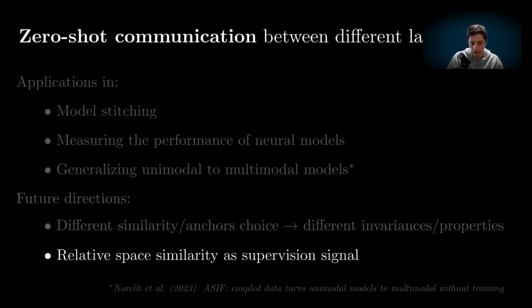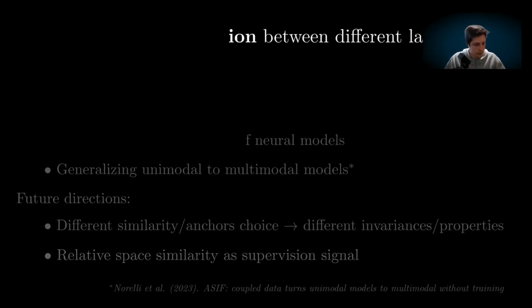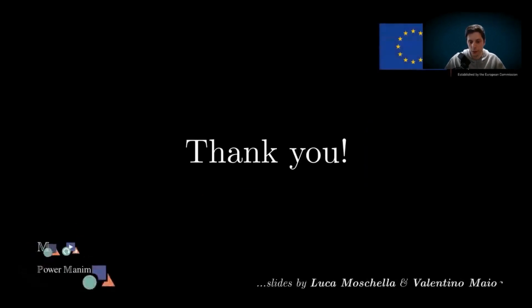There may be other similarity functions that produce other invariances that may be helpful in other settings. And moreover, the relative space similarity could be used as a supervision signal to train other models in a teacher-student setting. That is also a very interesting application where we basically provide directly a supervision signal in the latent space.